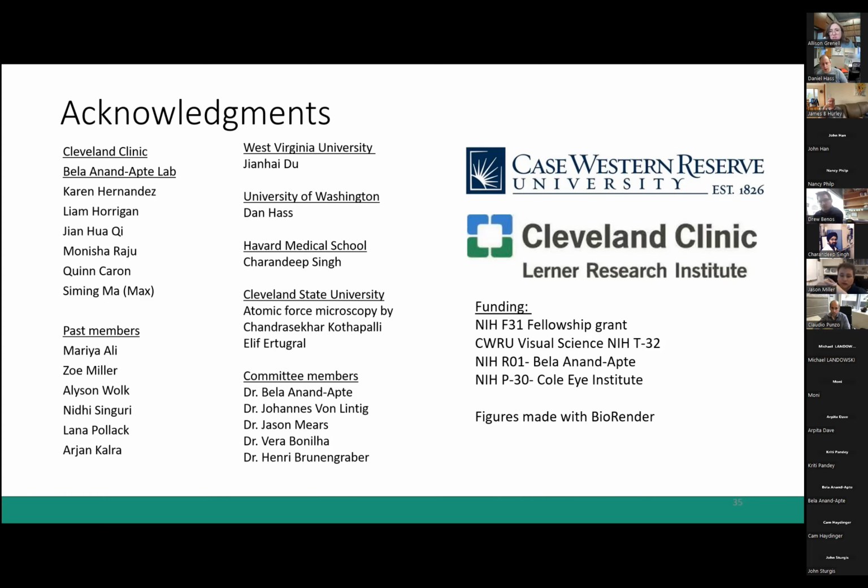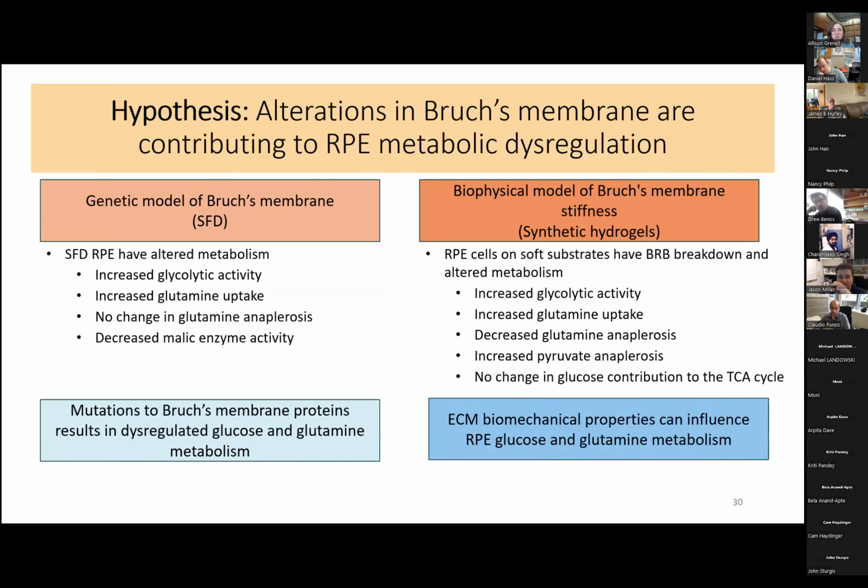Allison, the second part with doing the stiffness was cool. Maybe you said it, but do we know what the actual stiffness of the wild type versus mutant mouse Bruch's is? Have those experiments been done, some sort of AFM based stiffness testing?